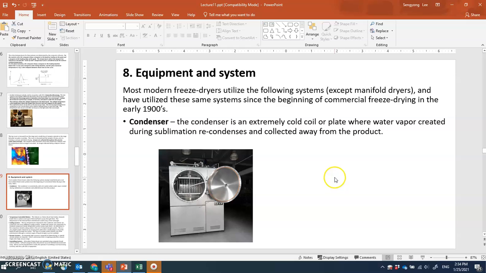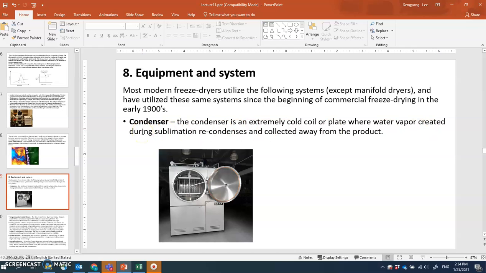And then other equipment, of course, the freeze dryer itself is very important. Whatever scale you have, inside of a freeze dryer you will see these kinds of units. So modern freeze dryers utilize the following systems. The most important part is the condenser, which has extremely cold coils or plates where water vapor is collected after sublimation.